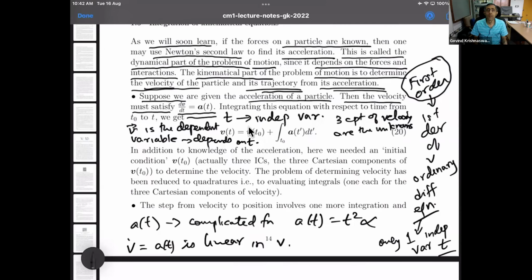So we have made our acquaintance with this differential equation, perhaps one of the first that we are studying. Now we can integrate this equation. After all, it's a differential equation, and we wish to solve it. That would involve integrating this equation with respect to time, using the separability: taking dt to the other side, multiplying the acceleration by dt, and then integrating.